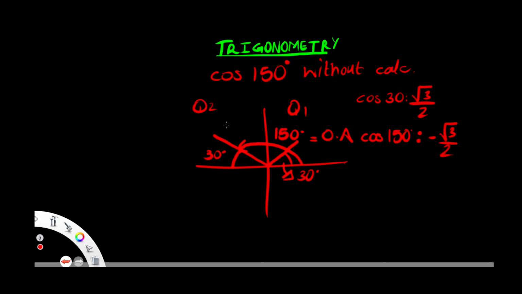Why? Because, as I said earlier, in this quadrant only sin is positive, and that is why cos 150 will give you a negative answer. Both values are going to be the same. Cos 30 will be exactly identical to cos 150. However, the signs will differ.